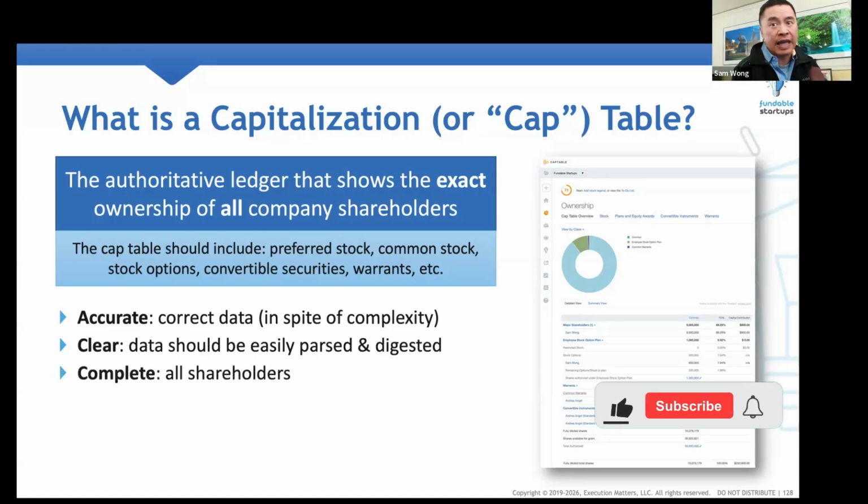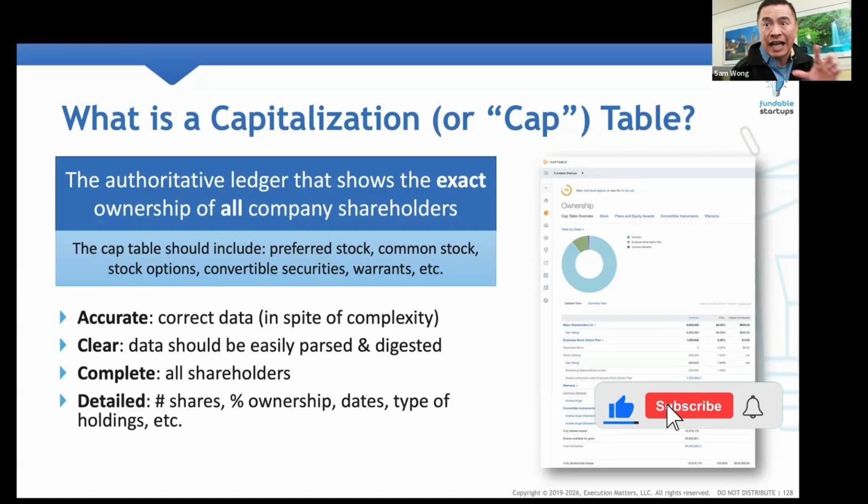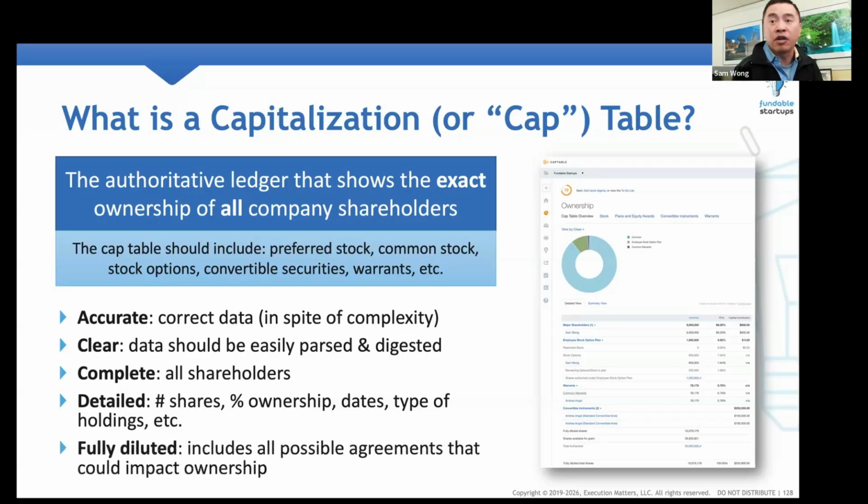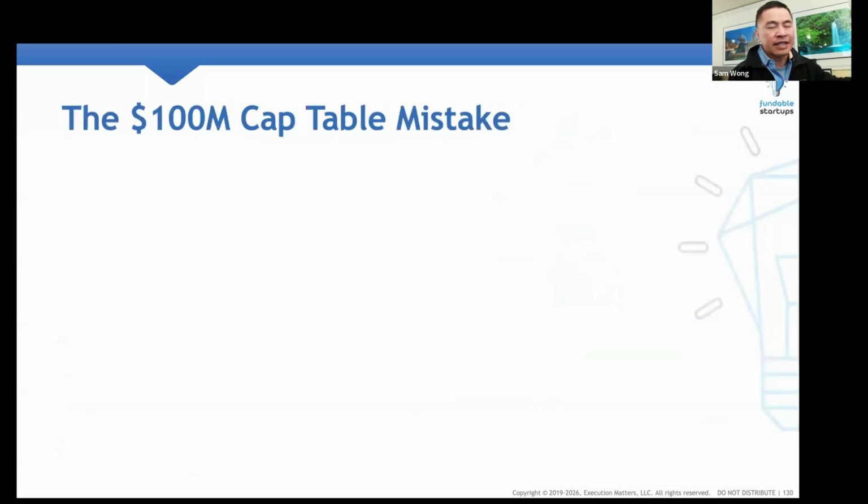It should be complete, capturing all shareholders, and it needs lots of detail. There's a lot of data fields that need to be captured to have the cap table be correct. It also should calculate fully diluted ownership, which is what the ownership stake percentage would be if all possible agreements converted into stock. Okay. So that's the cap table.